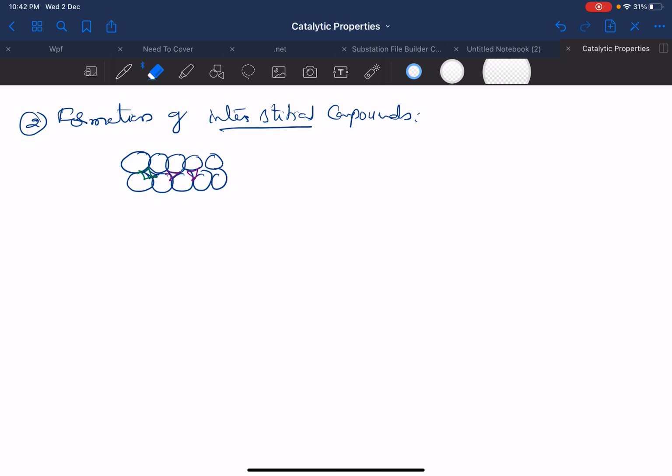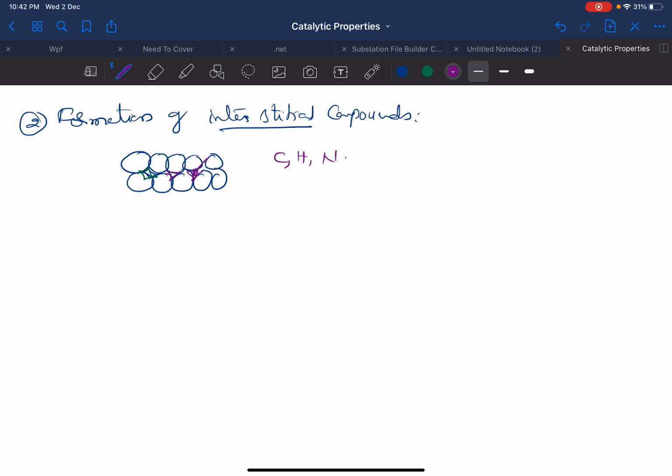When small atoms like carbon, hydrogen and nitrogen, which have very small atomic radii, occupy these interstitial spaces of the crystal lattices of transition elements, those compounds are called interstitial compounds.